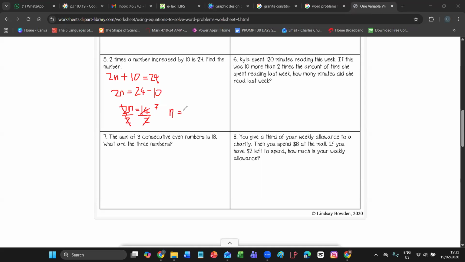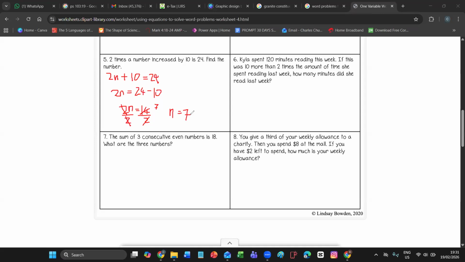The next question says Kyla spent 120 minutes reading this week, a whole 2 hours altogether. If this was 10 more than two times the amount of time she spent reading last week, that means she spent more time this week than last week.